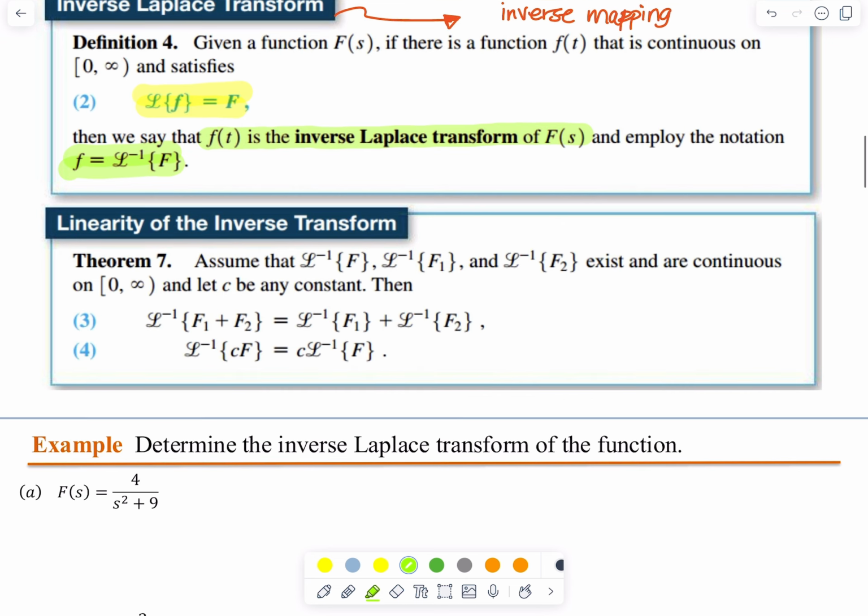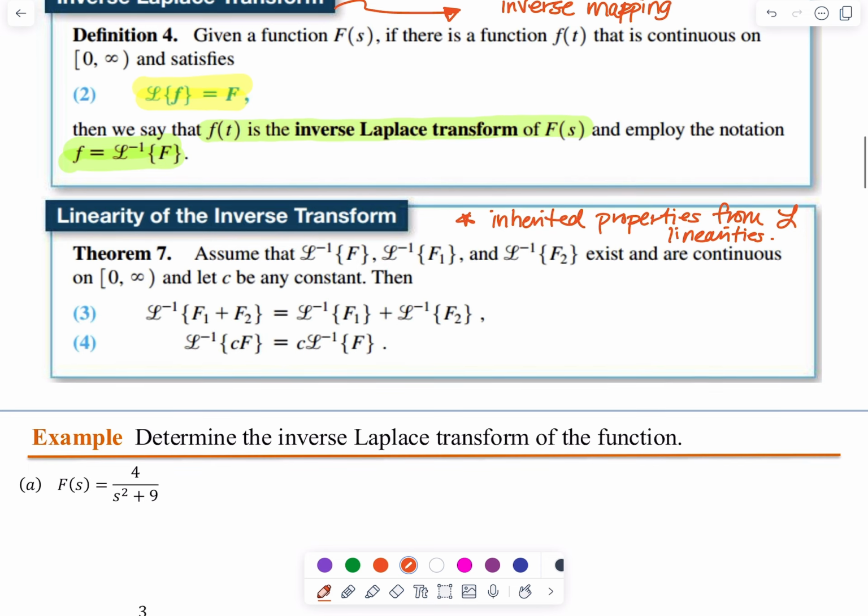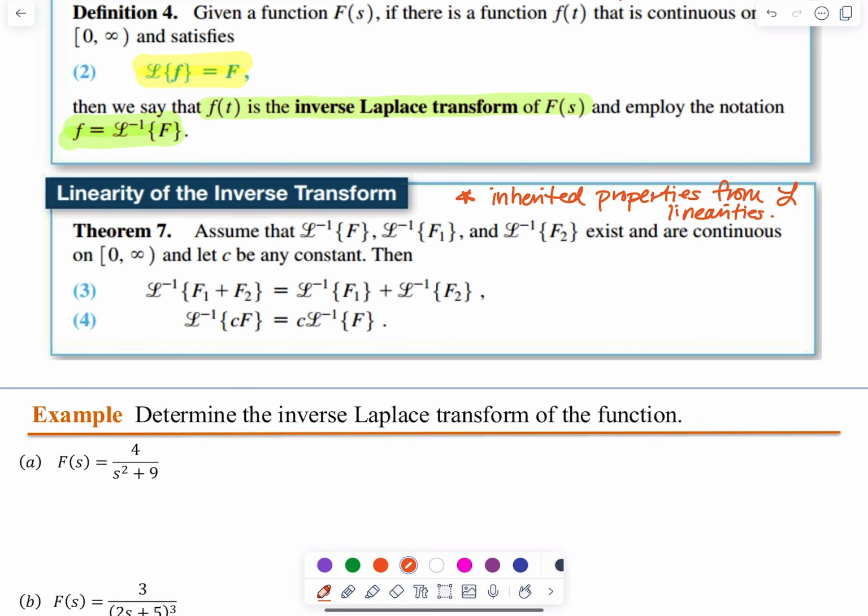Let's talk about the linearity of the inverse transform. Basically, we inherited these properties from the Laplace transform linearities. Here we have that the inverse Laplace transforms of F sub 1 and F sub 2 exist, and they are continuous on 0 to infinity.